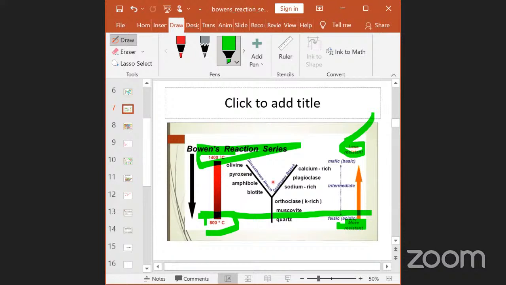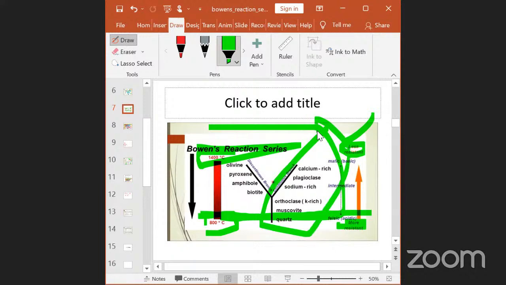This is the order of formation of minerals, and this is the order of minerals here, on the left side, which can easily be weathered. So this was all about the Bowen reaction series.